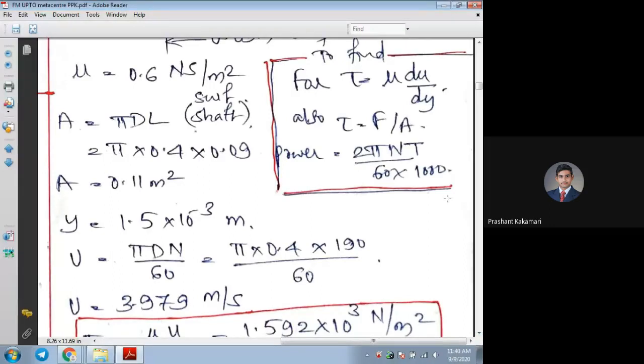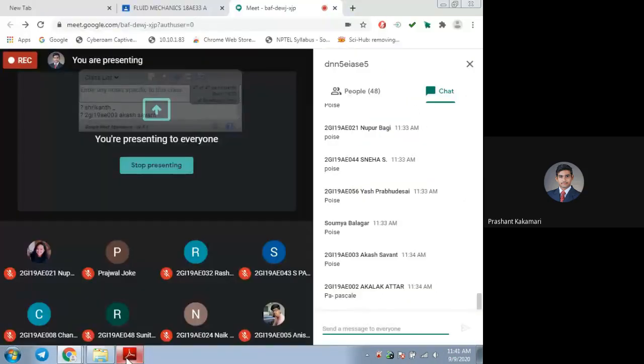Now from this RPM, we can calculate the velocity of the shaft, which is linear, in meter per second. So that is also again pi D N by 60. I think you have studied this, 2 pi NT by 60 or pi D N by 60, in EME. Yes, elements of mechanical, have you studied?